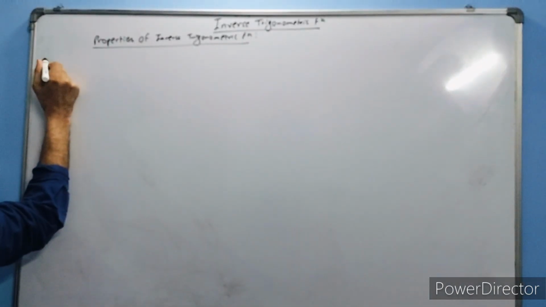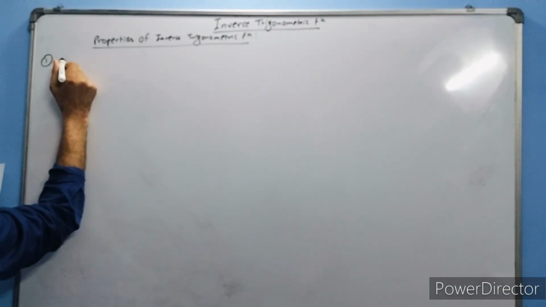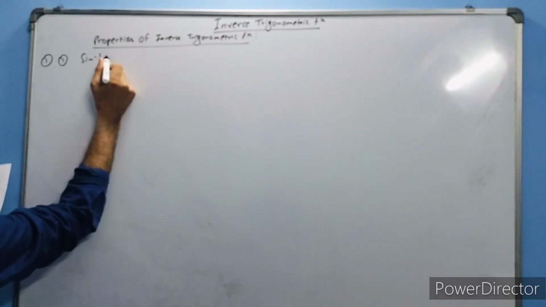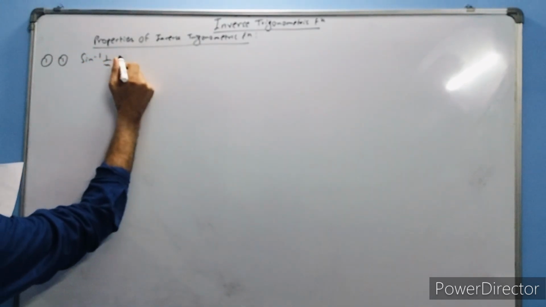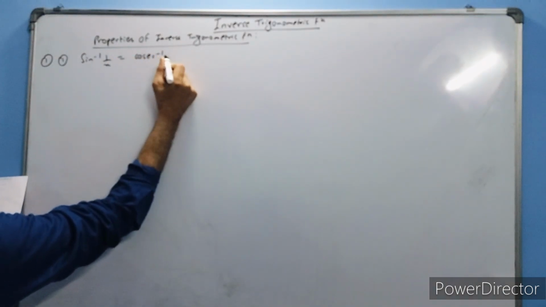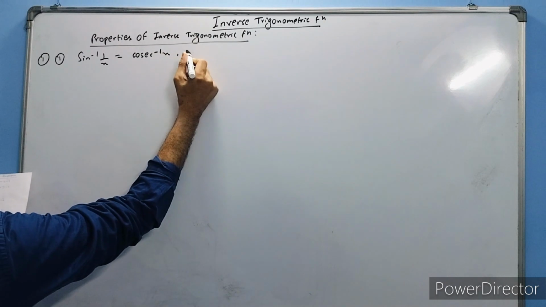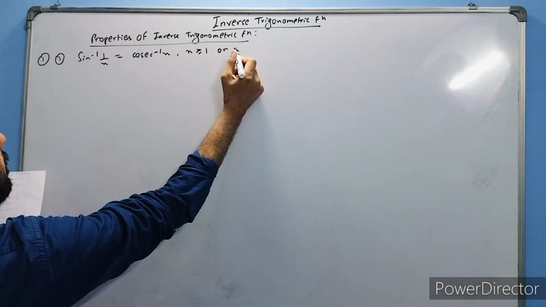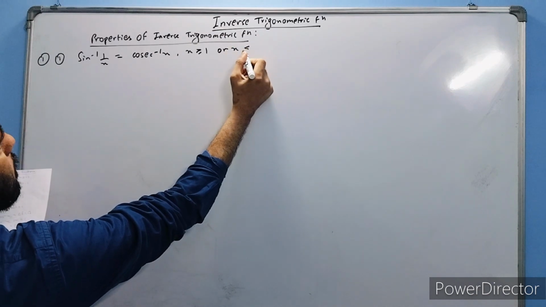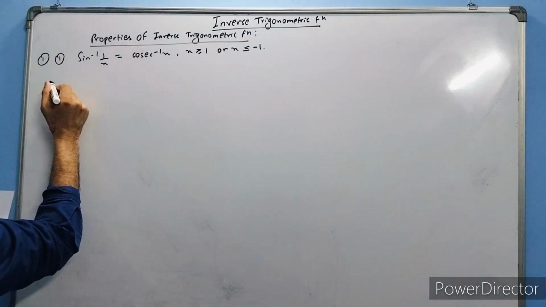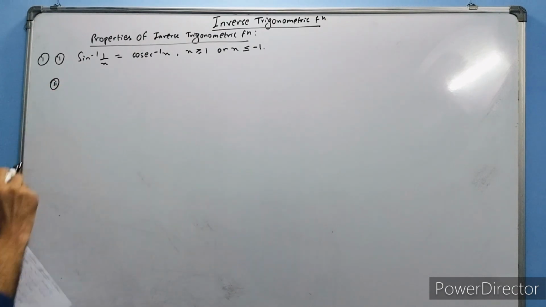The first property is sine inverse 1 upon x is equal to cosec inverse x, where x is greater than or equal to 1, or x is less than or equal to minus 1. Okay, this is the first one.